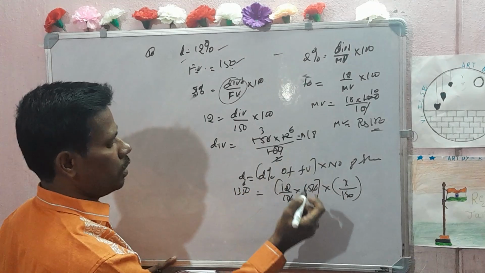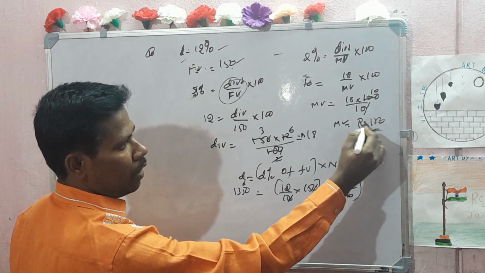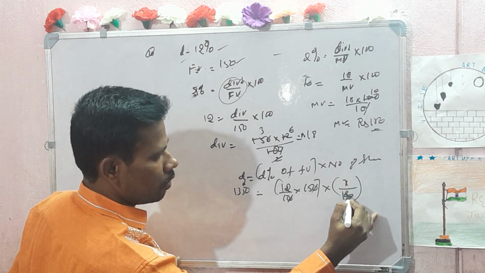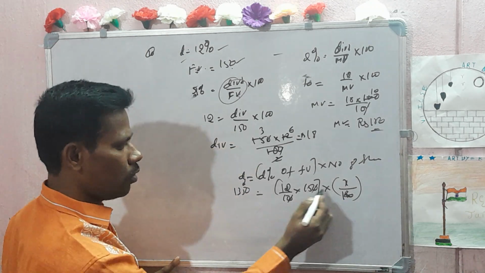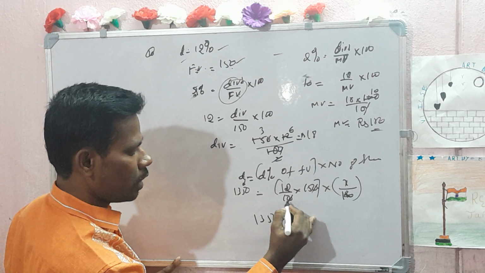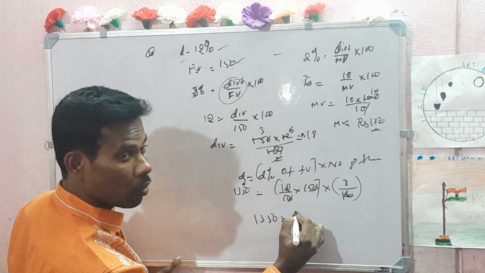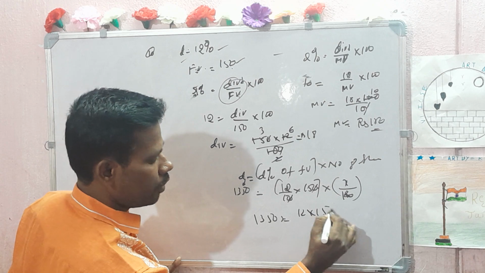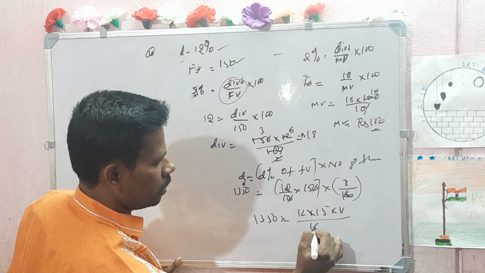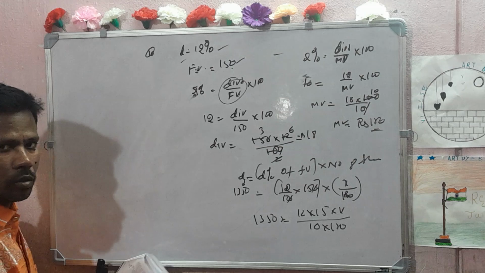Here, please make a note of it. Market price is 180. Now calculate the X value. 1350 into 100, zeros cancel. And any cancellations? No. 12 into 15 into X by 10 into 180. From this get the value of X. There is the solution for the investment.